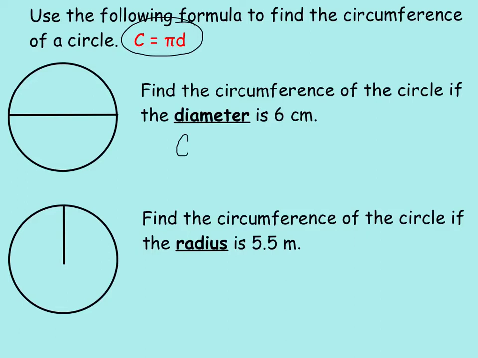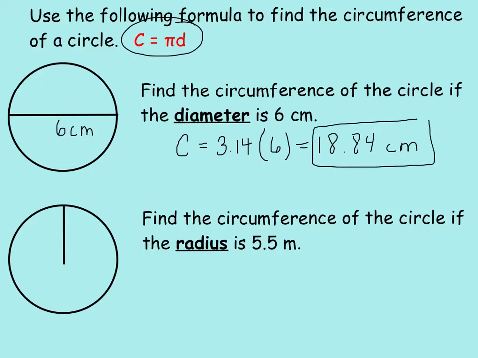So C equals, remember we're using 3.14 for pi, times the diameter of the circle, and the diameter of the circle here is 6. When we multiply these, we end up with 18.84 centimeters. The circumference is always measured in just plain units like centimeters or yards. It doesn't have the squared sign like area does.